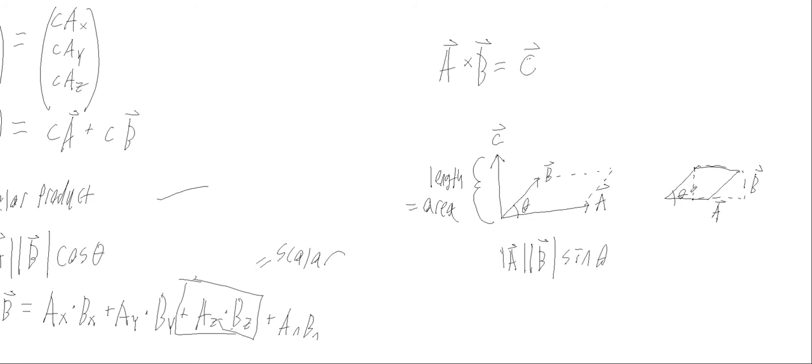So it's giving us the length of B here, since B is the opposite of our hypotenuse here. And so that is giving us the new length for B. But then we're just multiplying it by A, the same as you would do if it was a rectangle. And that gives us the area of it. And so that is what C, the new vector here, will be equal to.